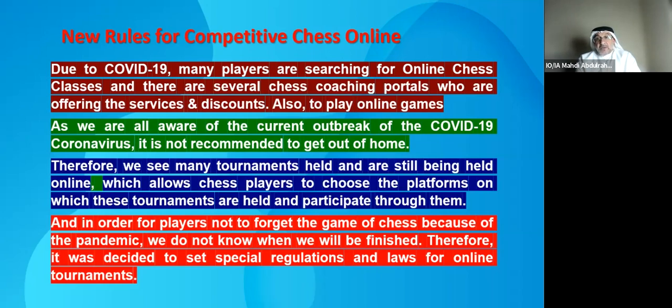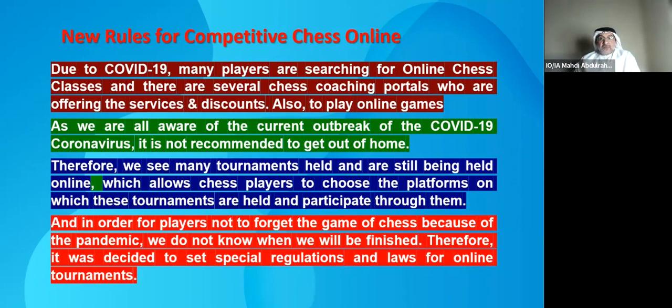So when FIDE started the Chess Olympiad online, they used the chess.com platform. After that, they used Tornado. Now they have come back to using chess.com. They made a contract with chess.com, something beneficial for FIDE, and they are always using FIDE online with chess.com.